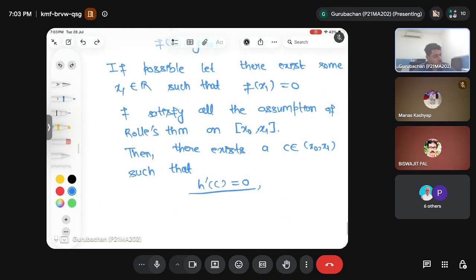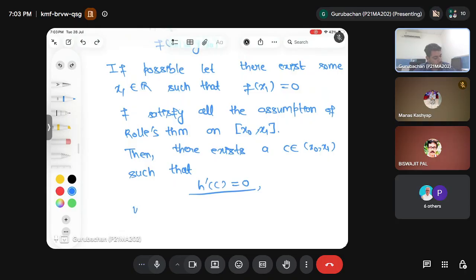So this is a contradiction, which is not possible, as h dash x is strictly greater than 0 for all x in 0 to infinity.